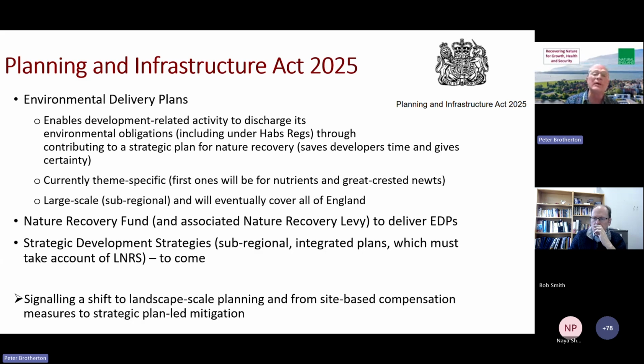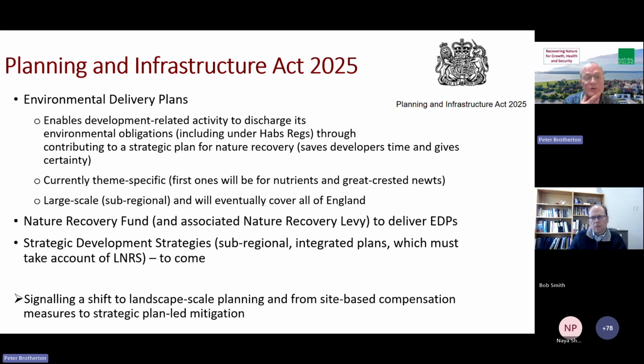We know that there are a lot of risks associated with EDPs if we don't get them right, but by constructing the right plans, doing the right strategic spatial planning, we think that we can ensure a win for nature by spending the money within the EDP area in ways that deliver substantially more than is likely to be lost through developmental impacts.